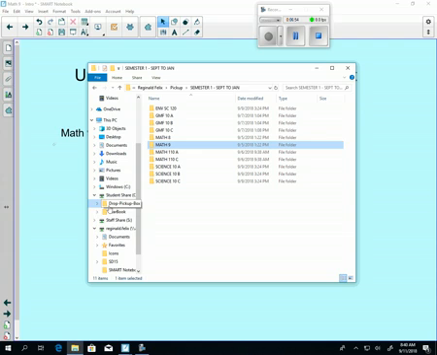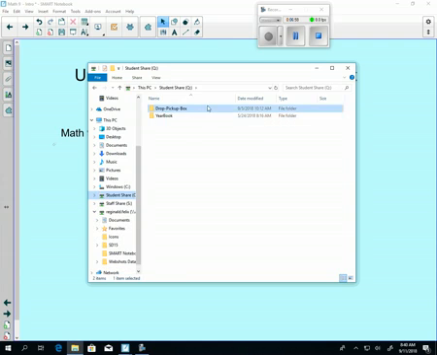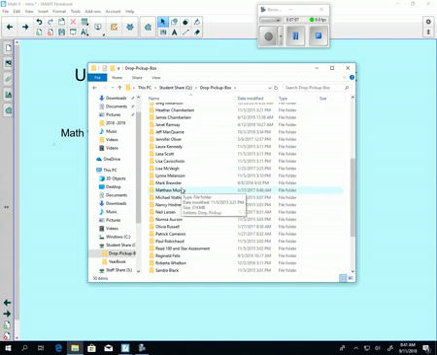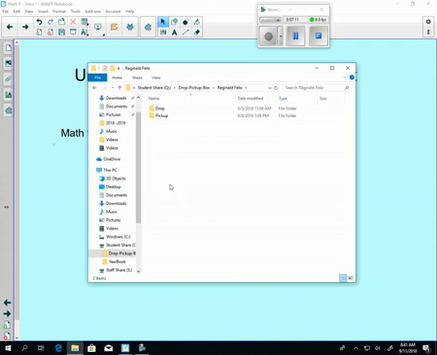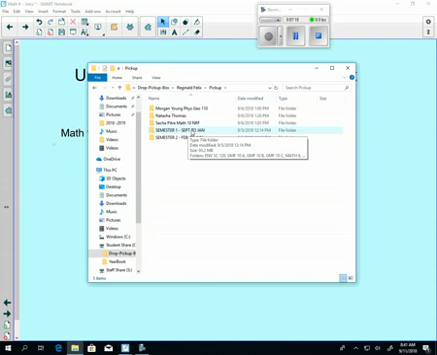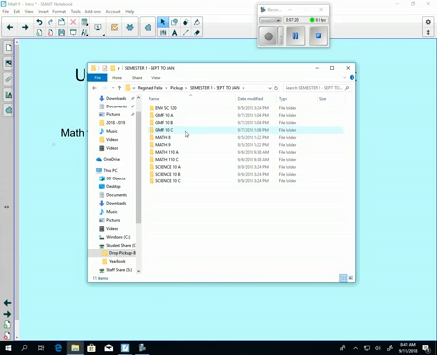On my computer, it is called Student Share. There's a drop pickup box. You click on that, look for my name, your teacher, Reginald Felix, pickup first semester, September to January, and then go down to Math 9.